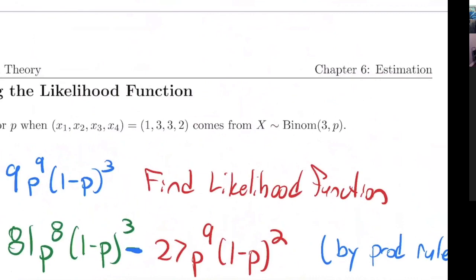If you think about what happened here, this is a binomial situation. Each of these is asking how many successes we had when we did 3 repeated attempts of something.